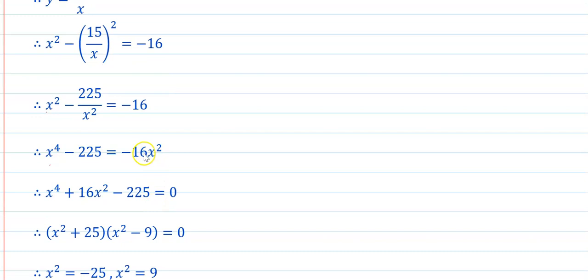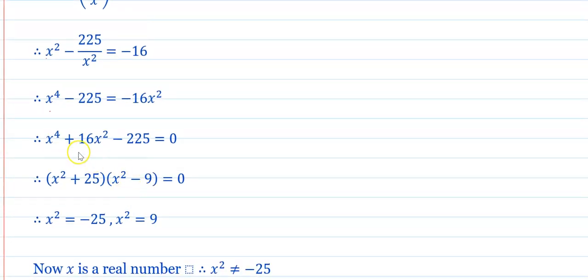Again, we bring -16x square to the left hand side: x raised to 4 plus 16x square minus 225. Now the factors of this quadratic equation: the product is -225x raised to 4, and the middle term is plus 16x square.